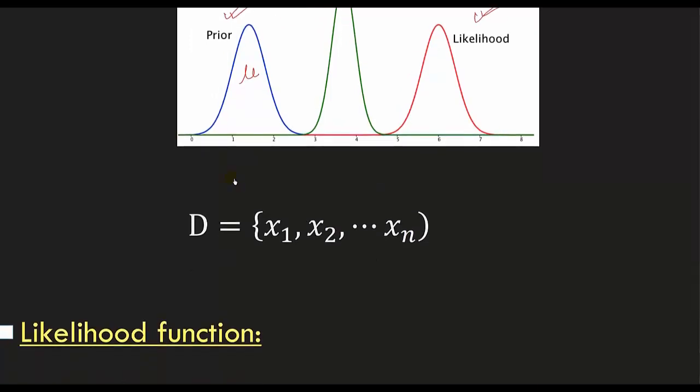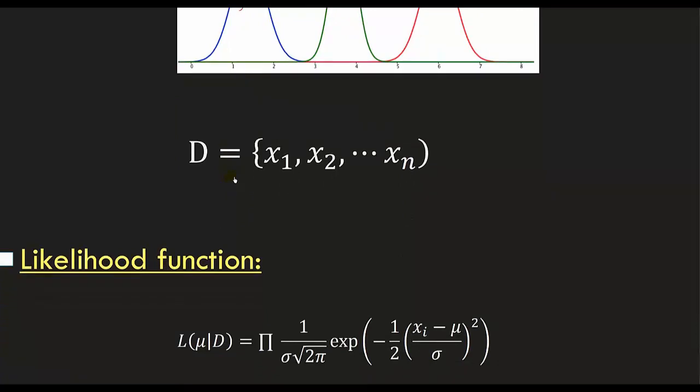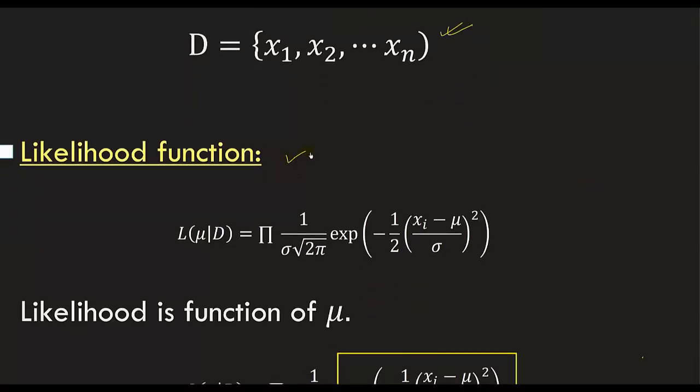We already said the data vector contains x1 to xn, and these all follow the normal distribution. So now we know the distribution for xi, and then we can calculate the likelihood function. If you remember, the likelihood function is nothing but the product of f(x1), f(x2) and f(xn), and each has a normal distribution.